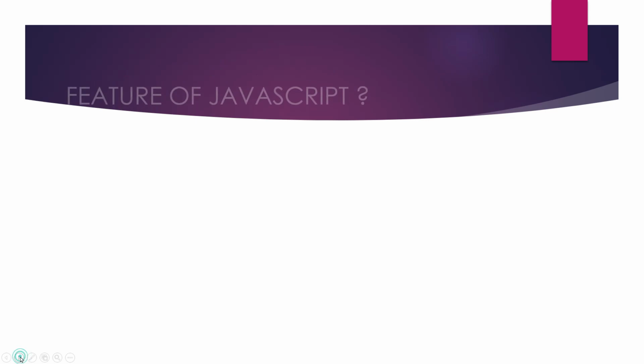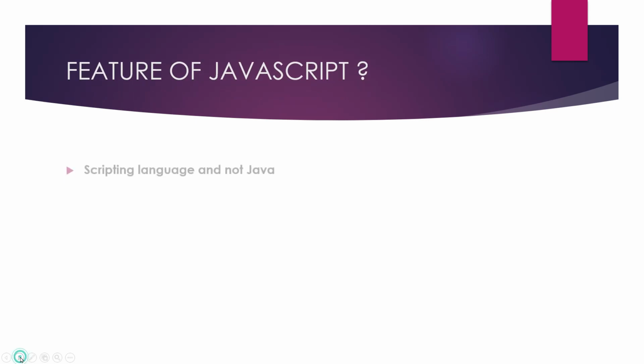Then we are going to learn about the features of JavaScript. JavaScript is a scripting language and not Java. It means that JavaScript has nothing to do with Java, but why is it called JavaScript? The first release was called Mocha, and then it was renamed JavaScript. Netscape founded JavaScript, and it was not actually Java, but then Sun made an agreement that it could be called JavaScript.